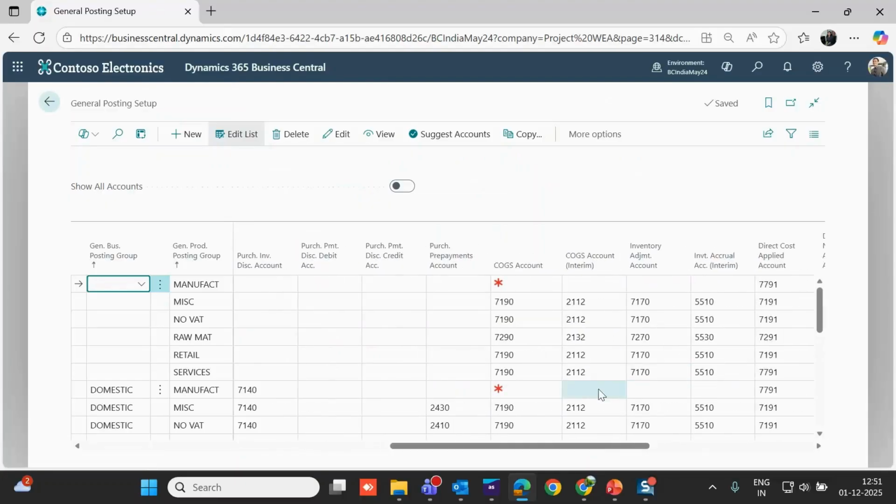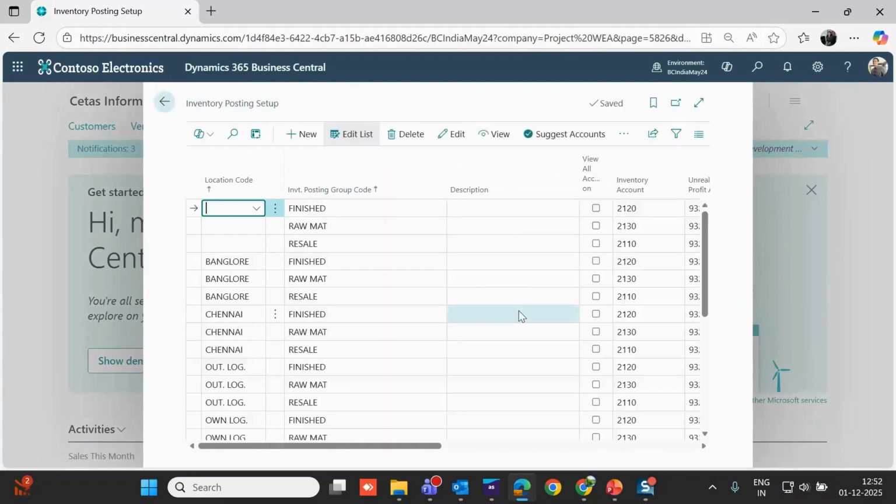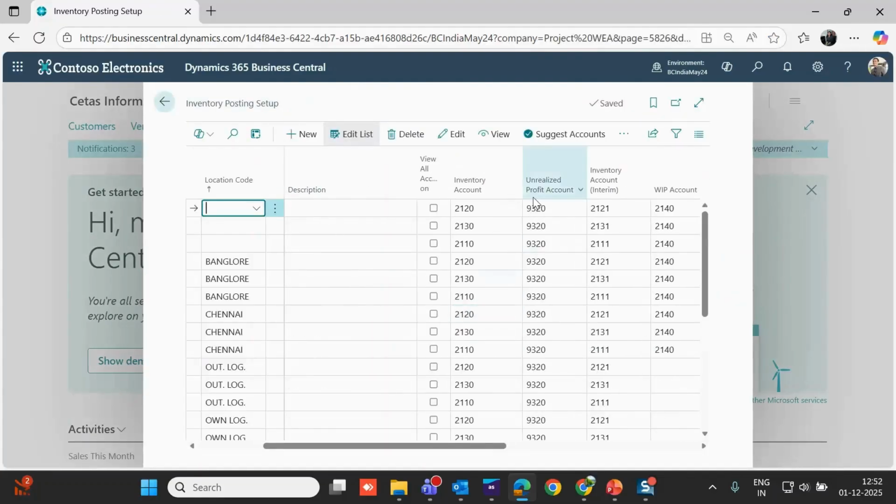Here we can see the inventory accrual account interim and the COGS account interim. And here we have the inventory account interim.